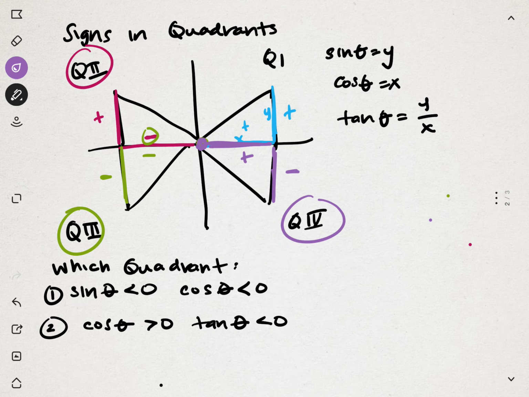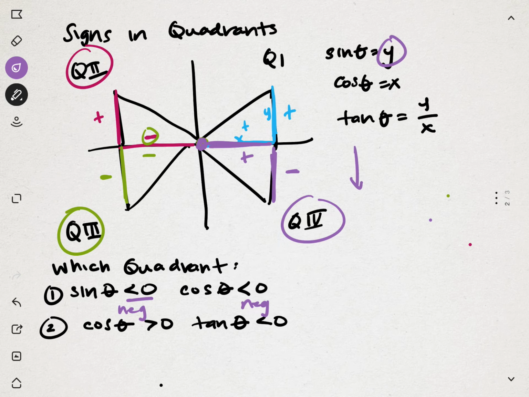Alright, so it's asking us on the bottom, which quadrant is sine less than 0? So negative. That's one way they like to trick you, right? They mean negative sine, but they're just saying less than 0. And then cosine is also less than 0, which is negative. So the sine, the y value is negative. That means we're looking at these bottom 2 quadrants, right?